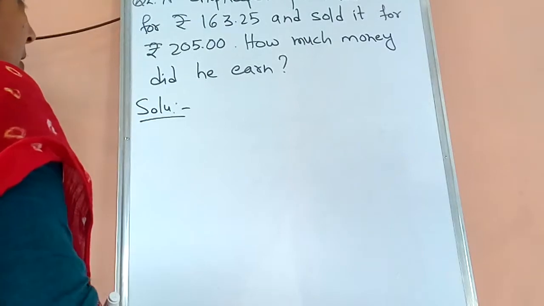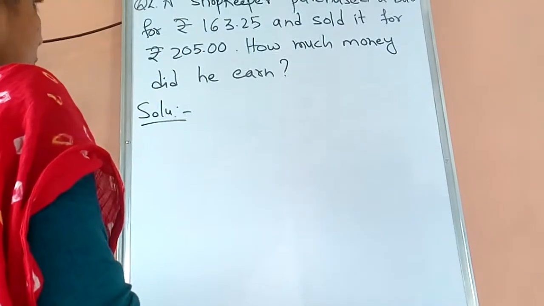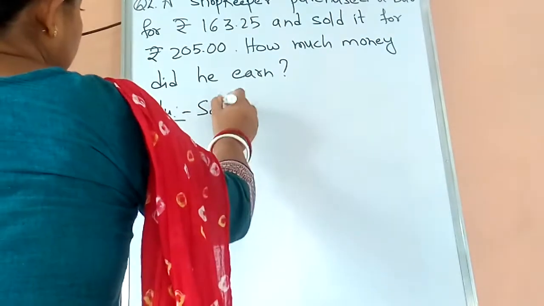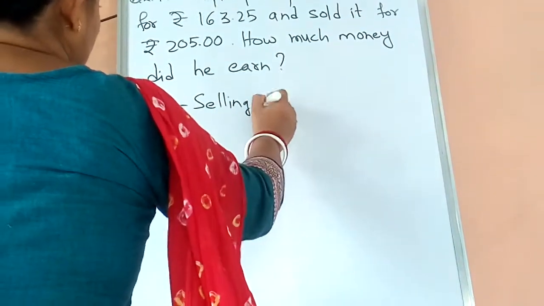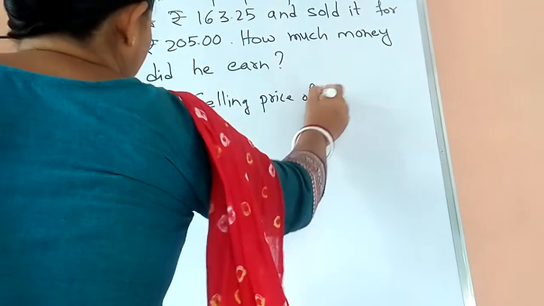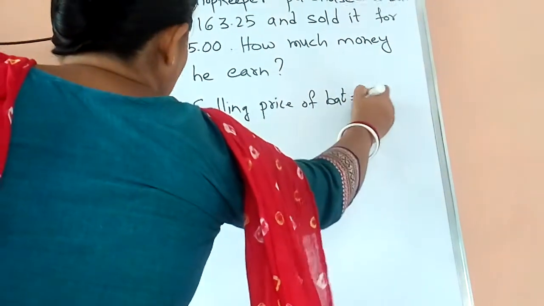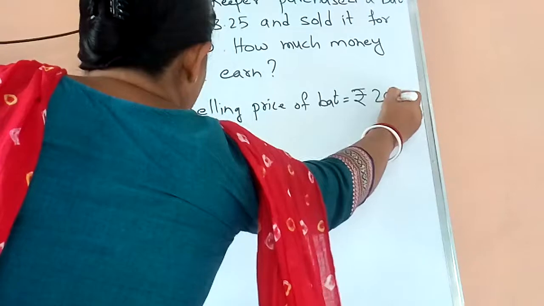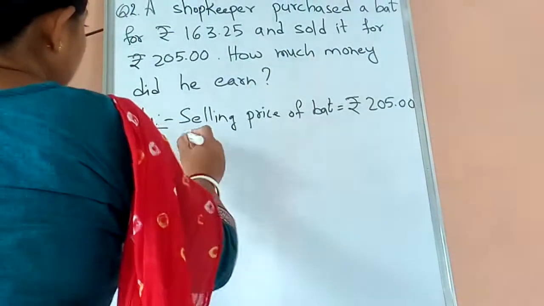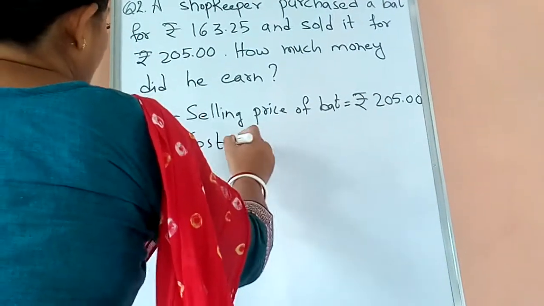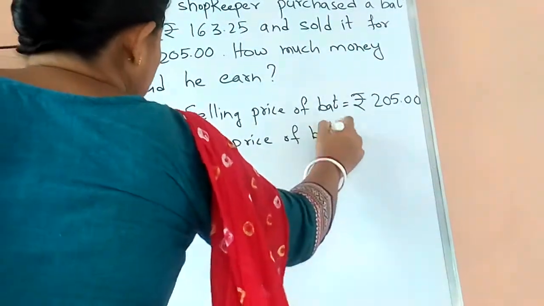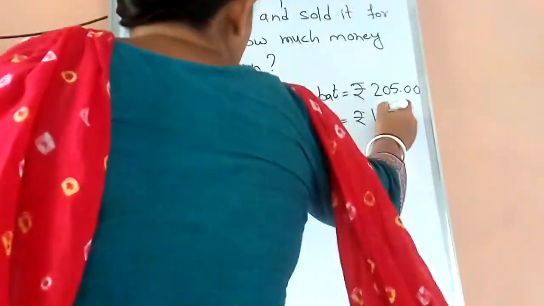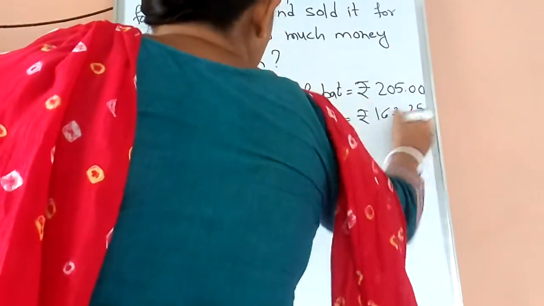First he has sold the bat, so selling price of bat is equal to rupees 205. Then cost price of bat, the shopkeeper bought the bat for rupees 163.25.